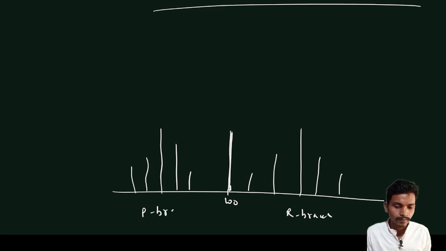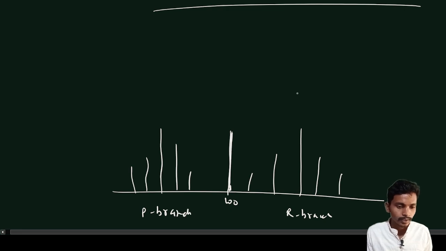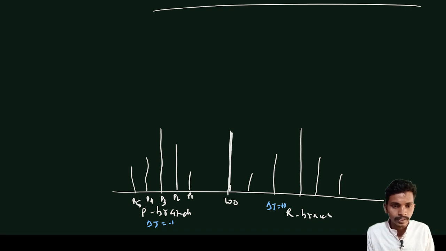Here delta j equal to +1, here delta j equal to -1, and it starts from P1, P2, P3, P4 and P5, and it starts from R0, R1, R2, R3 and R4.